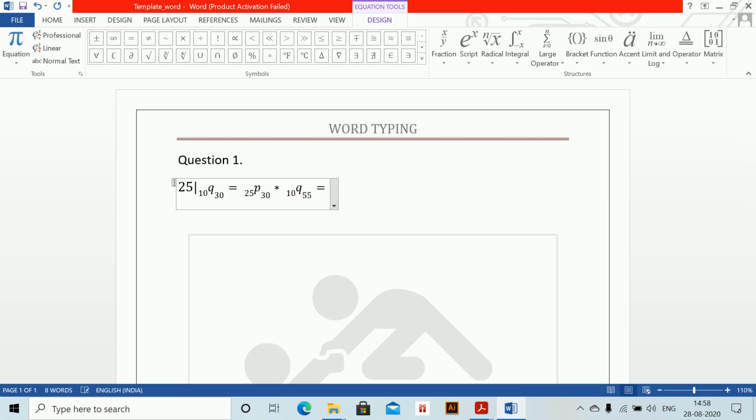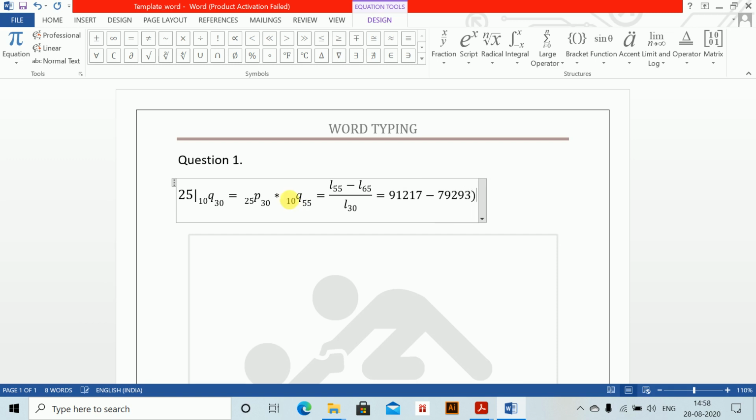Then you can keep on doing it with l55: l55 minus l65 divided by l30 is equal to 91217 minus 79293. Values are coming from tables.